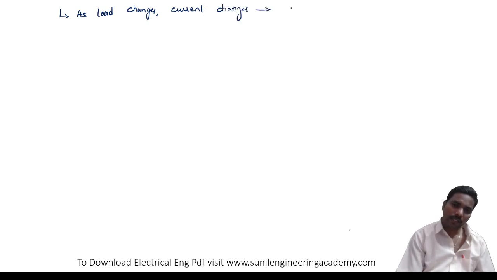As the load changes, current changes. As the current changes, copper losses change. I square R.